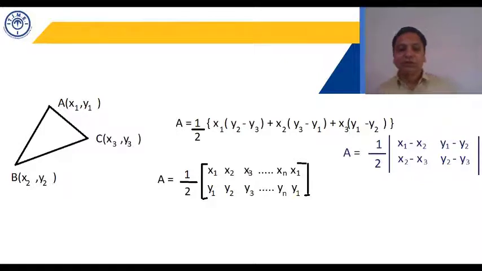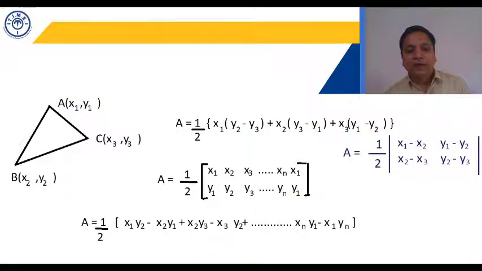And as we solve, it's half x1 into y2 minus x2 into y1, plus x2 into y3 minus x3 into y2, and so on, till in the last we get xn into y1 minus x1 into yn. We can find the area of any polygon, whether it's a triangle, square, pentagon or hexagon, if we have the coordinates.